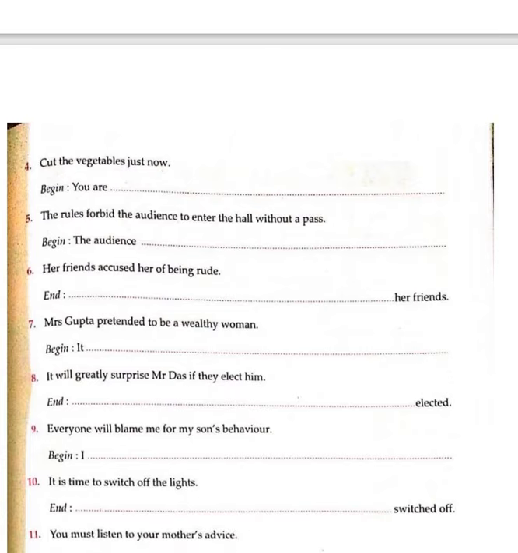Then: The rules forbid the audience to enter the hall without a pass. The audience is forbidden by the rules to enter the hall without a pass, or the audience is forbidden to enter the hall without a pass by the rules.